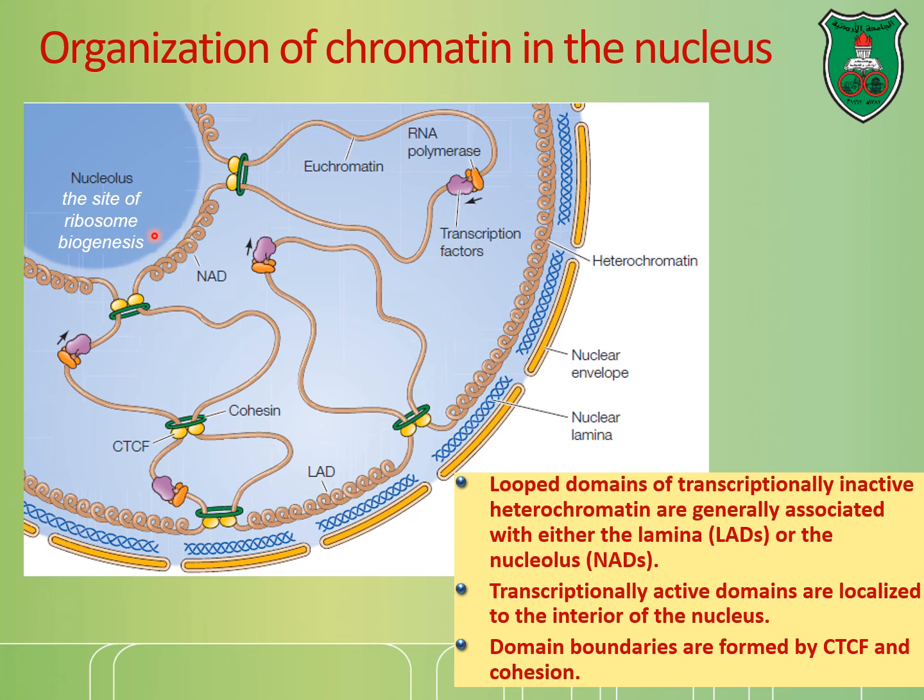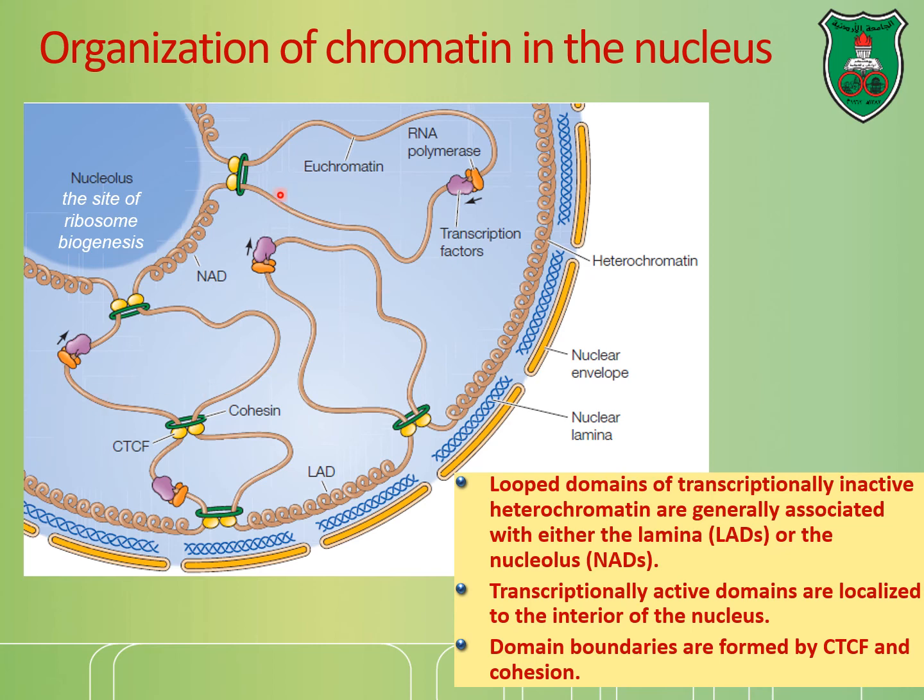Okay, so that's heterochromatin, by the way. It's associated with the surface of the nucleolus or with the lamina on the periphery of the nucleus, on the outside of the nucleus. On the other hand, transcriptionally active domains are localized in the interior of the nucleus, right here in the middle.